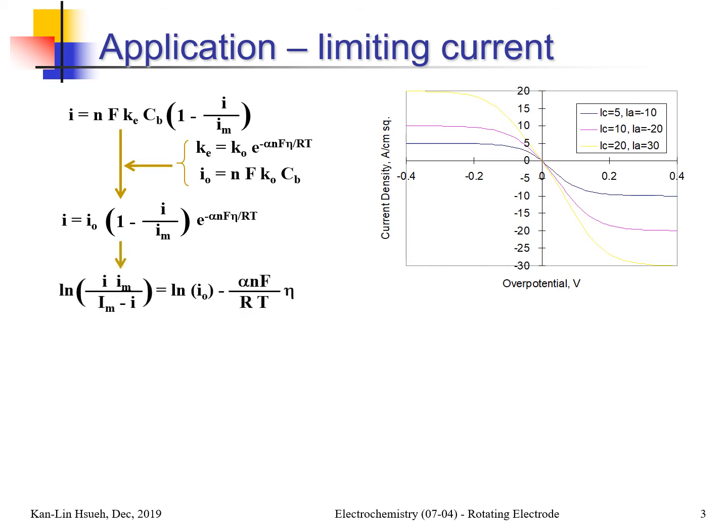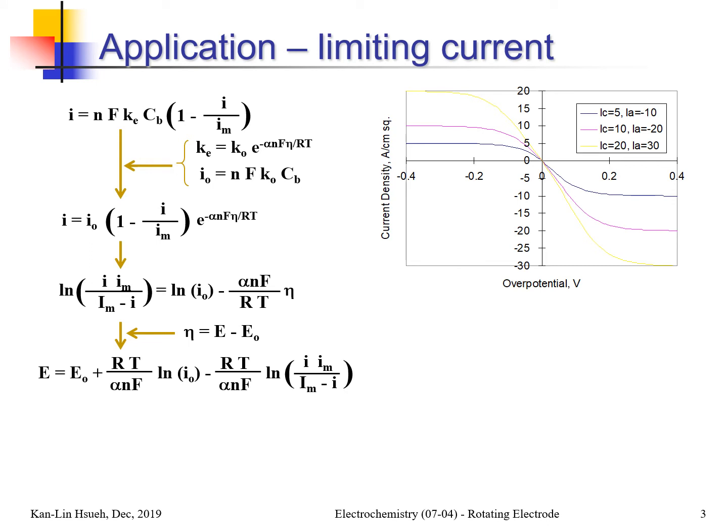This can be further rearranged, with eta the overpotential, the electric potential minus the electric potential at the equilibrium E0. Then we can get this equation like this.